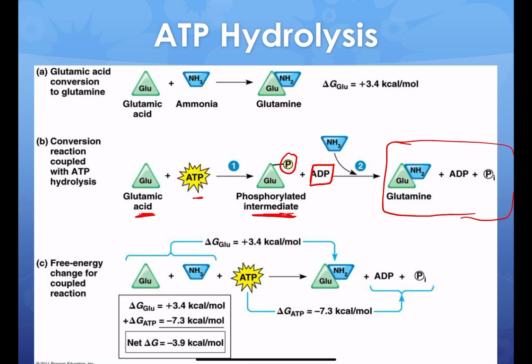So we take a reaction that produces energy, and we use it to drive a reaction that needs energy. All right. And so you see the energy coupling. We have a positive energy reaction. We have a negative energy reaction. And so it gives us our net metabolic reaction that you see here.